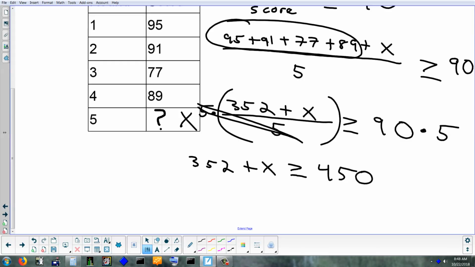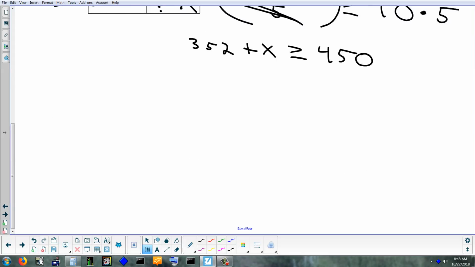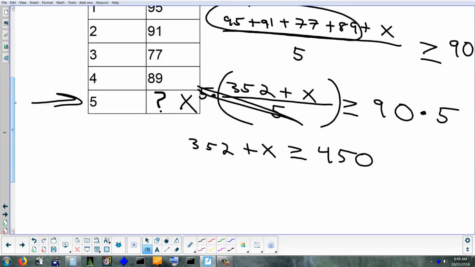And now we're down to our last step. Once we get x by itself, that's going to be the score that we need to get in the 5th round to get an average of at least 90. So what's my last step to get x by itself? Yep. Subtract 352 from both sides.